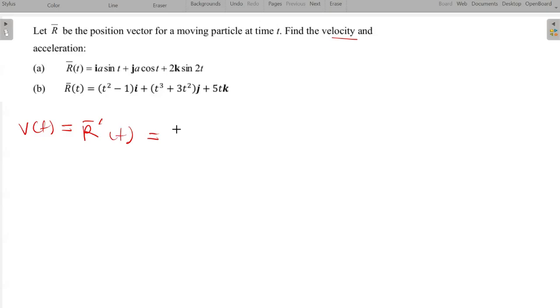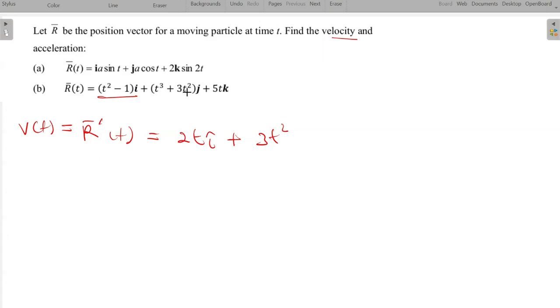So for this one, when we differentiate this part here, that is for the i component, that gives me 2t minus 1 and this becomes 0 because that's a constant, so you get i. Then the next part, plus 3t squared.